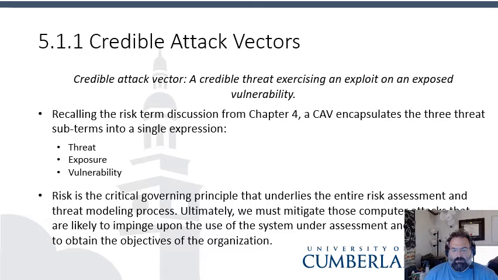Risk is a critical governing principle that underlies the entire risk assessment and threat model process. So ultimately, you mitigate those computer attacks that are likely to give you grief in an effort to protect your organization. So it's about assessing the ones which are likely and could happen, and are more likely to happen than those that might theoretically happen but are unlikely.